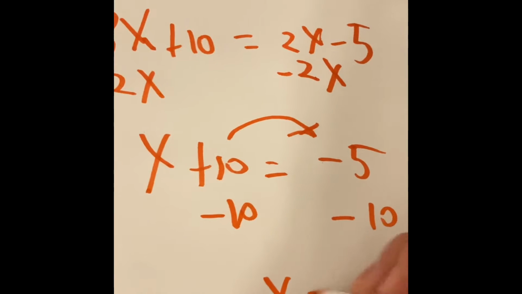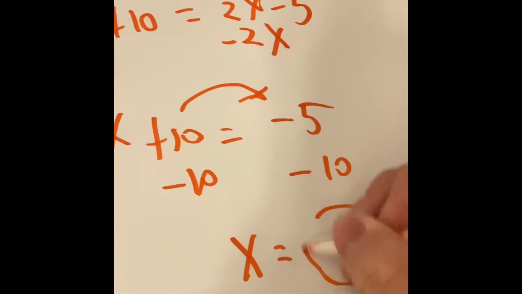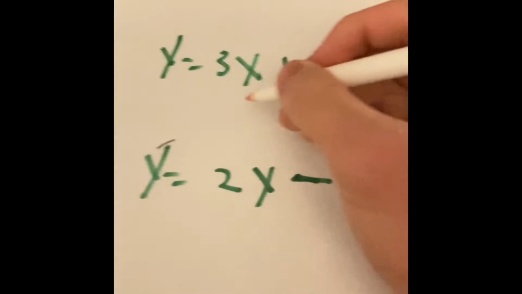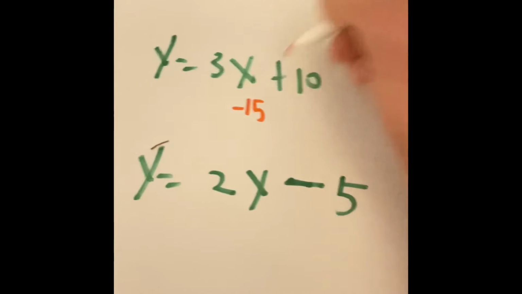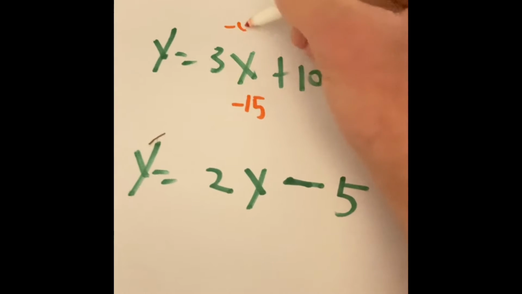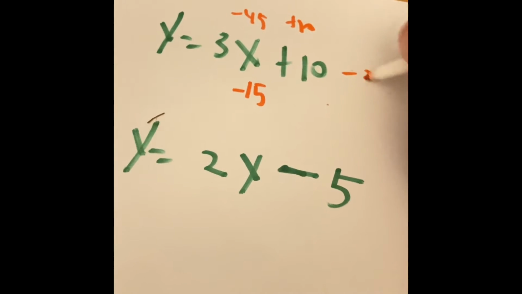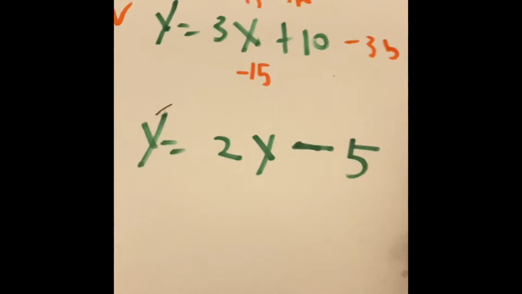So x is going to become negative 15. And we plug that into the first equation. 3 multiplied by negative 15 is negative 45. Plus 10, that is going to be negative 35. So that is checked.